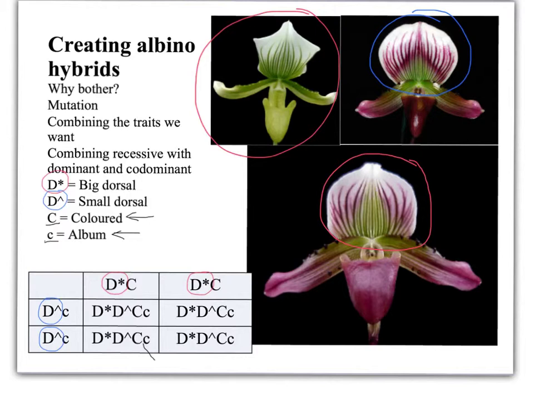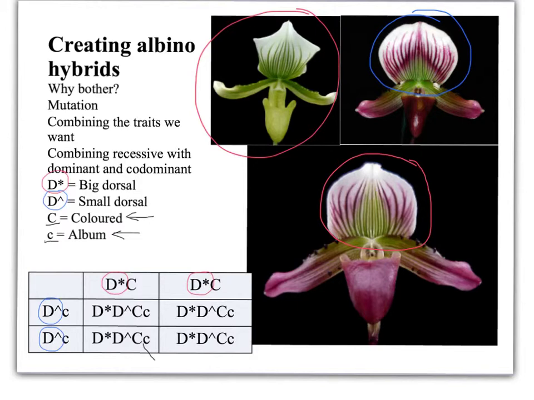Really, you want the much larger dorsal if at all possible, and it is possible to do this, but it just takes a little bit more effort on the part of the breeders. What the breeders need to do to combine the albino colour with the larger dorsal is to do what we call an F2 hybrid.